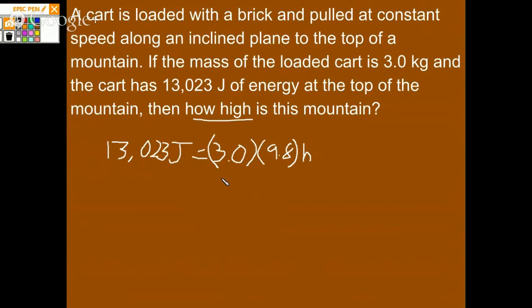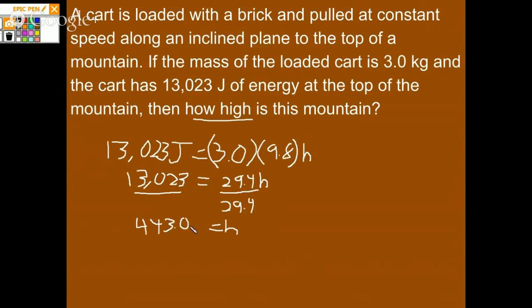Very first thing, I would multiply 3 times 9.8, giving you 29.4 h is equal to that 13,023. Then I would divide both sides by 29.4, giving us h is equal to 443.0 meters, because height is always in meters.